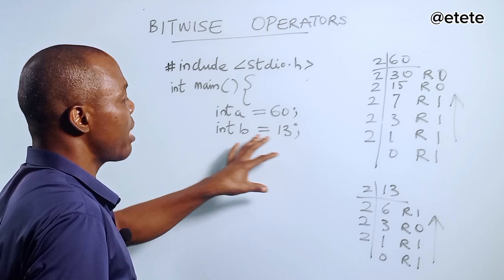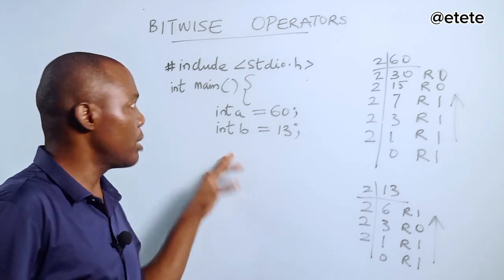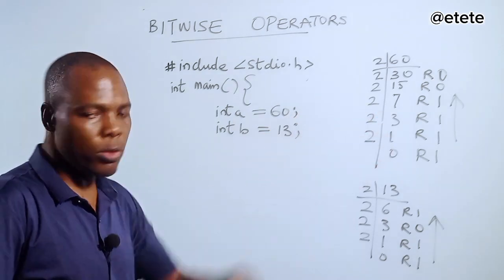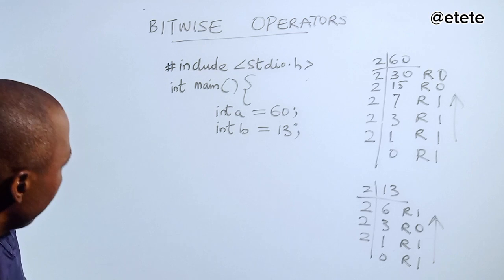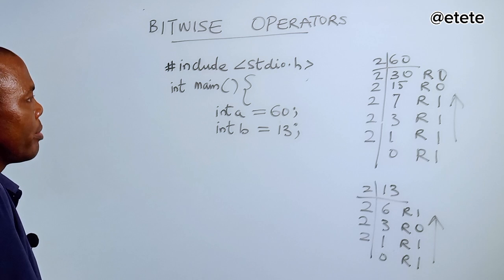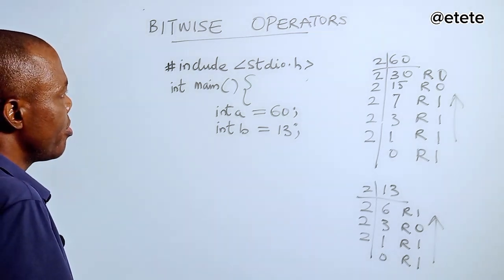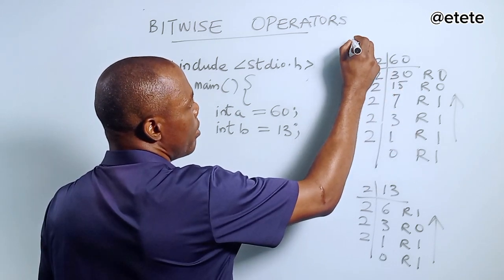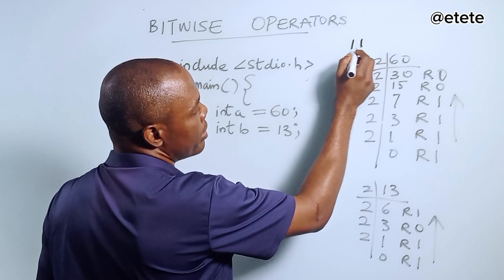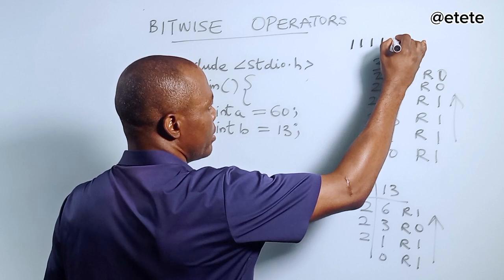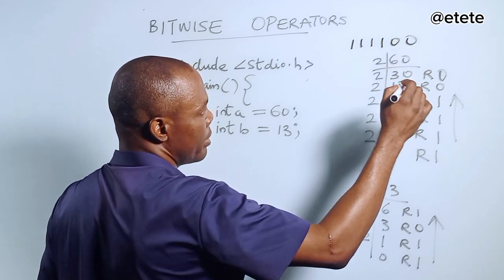Now I'm going to write my program to use the bitwise operators to work on this. So this one will give us 1, 1, 1, 1, 0, 0.